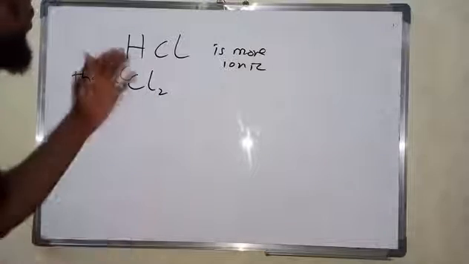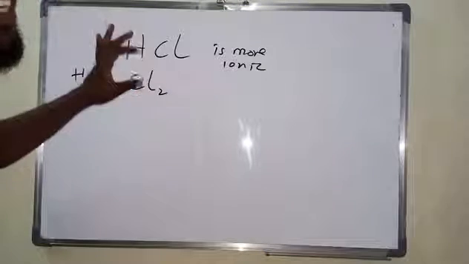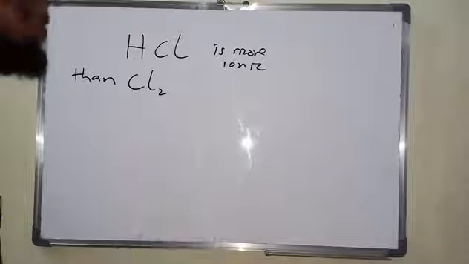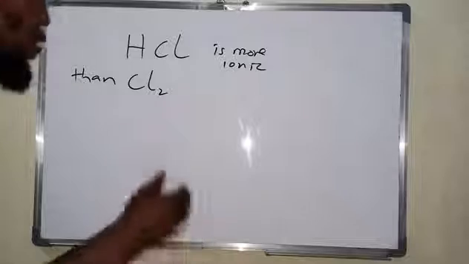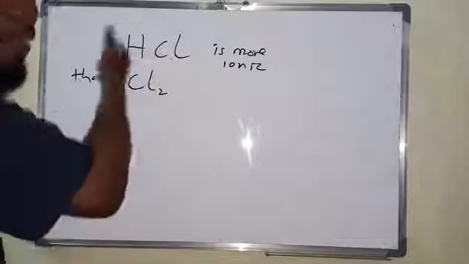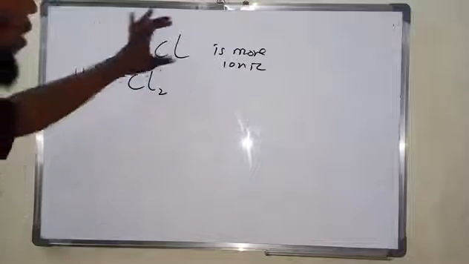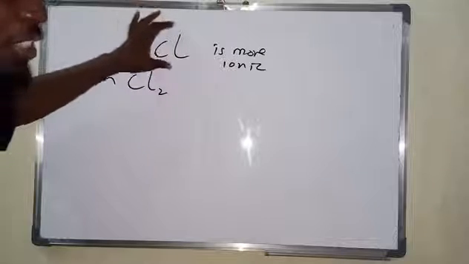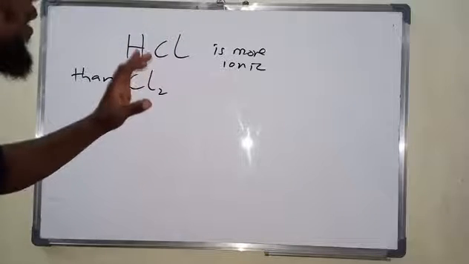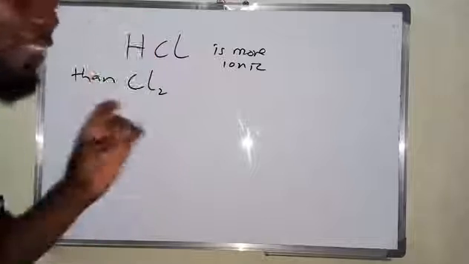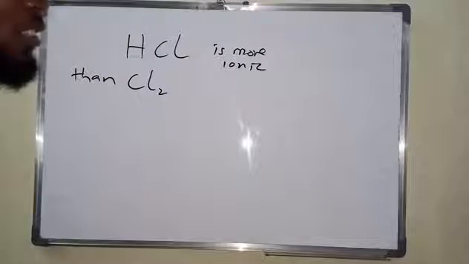Well, let us explain it. How is it responsible for this being more ionic than this? What do you mean by a compound being ionic in the first place? When you say a compound is ionic, especially a binary compound like this, it means the two constituents carry opposite charges.